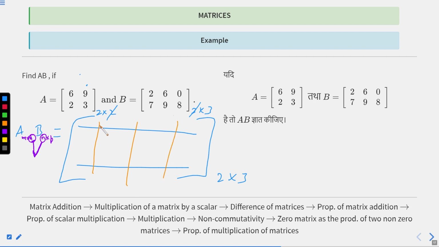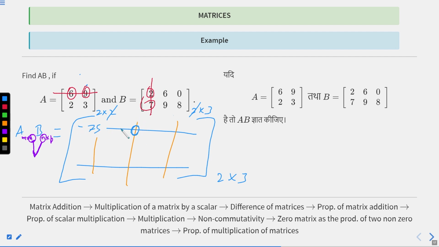Now this entry will be given by this one horizontal line and the first vertical line. This means multiply this with this, this with this, and you will get 75 here. Now what about this entry? Quite simple.